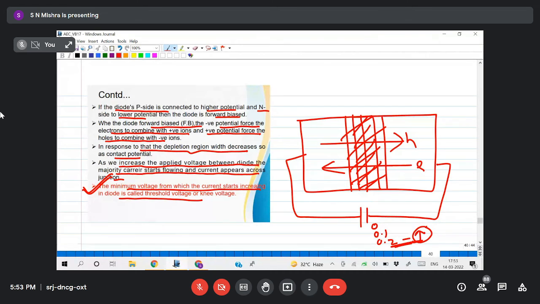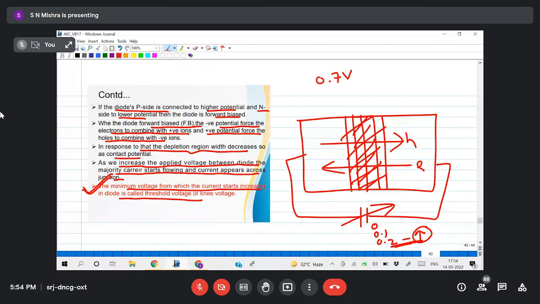So the voltage at which the current starts increasing across the diode, and after that, if I increase more and more voltage, current will increase more and more, because there is no depletion region available there. So the minimum voltage at which the depletion region will erase and current starts increasing is called threshold voltage or knee voltage. For silicon, it is 0.7 volt.